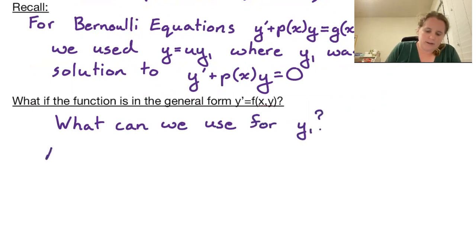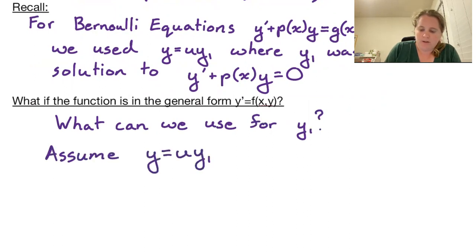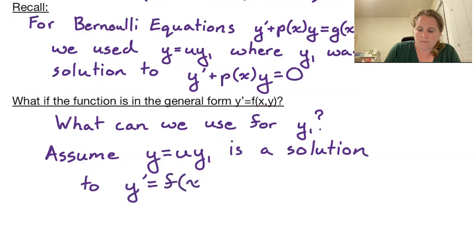So let's go ahead and assume that y equals u times y1 is a solution to y prime equals f of x, y.